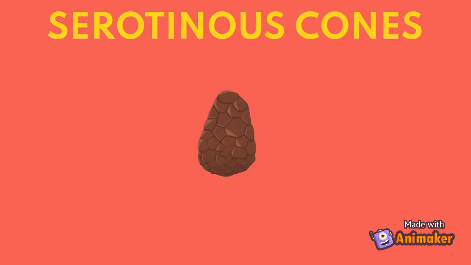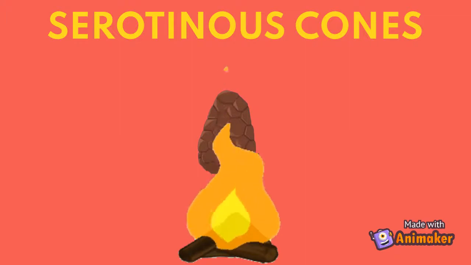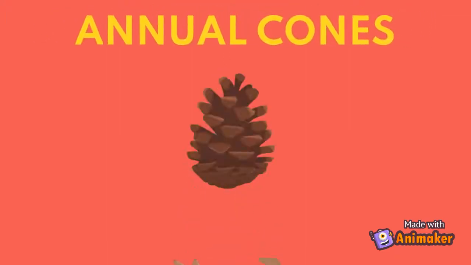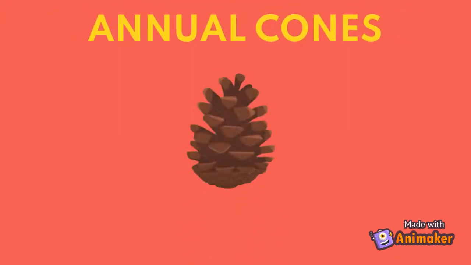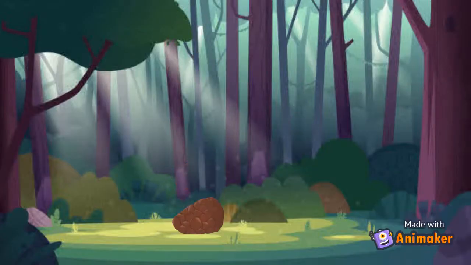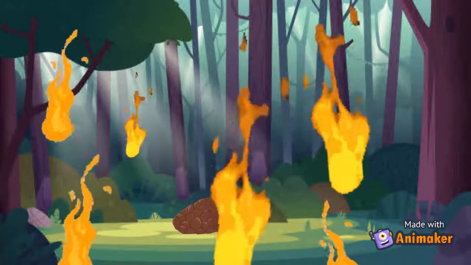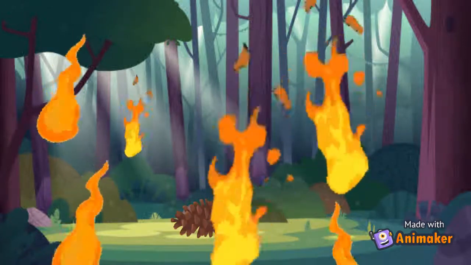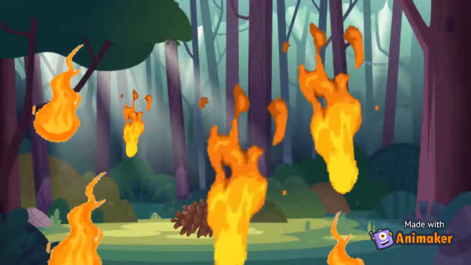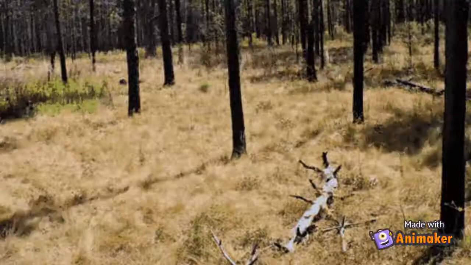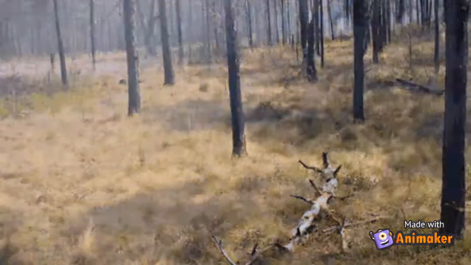There are the serotinous cones, which need an environmental trigger to free their seeds, and another type called annual cones that release seeds spontaneously. Cones that fall to the ground can be viable for several years as well, but when the temperature gets high enough, the cones pop open. This is how a controlled burn can restore a forest.